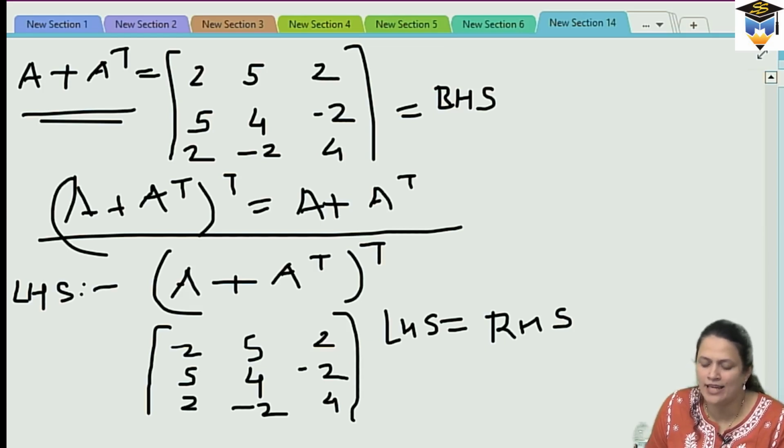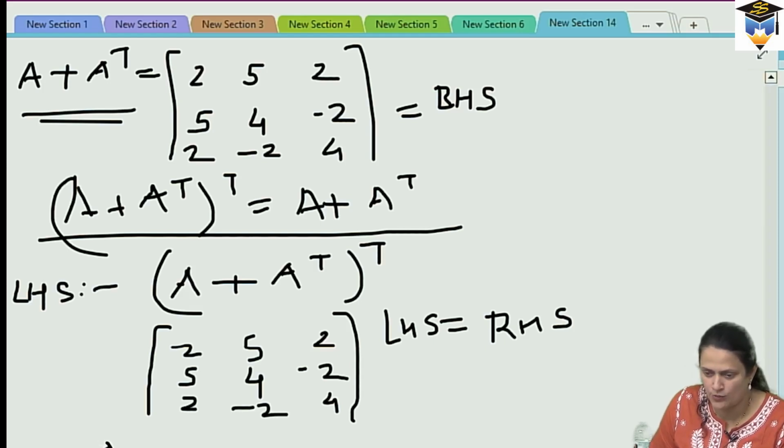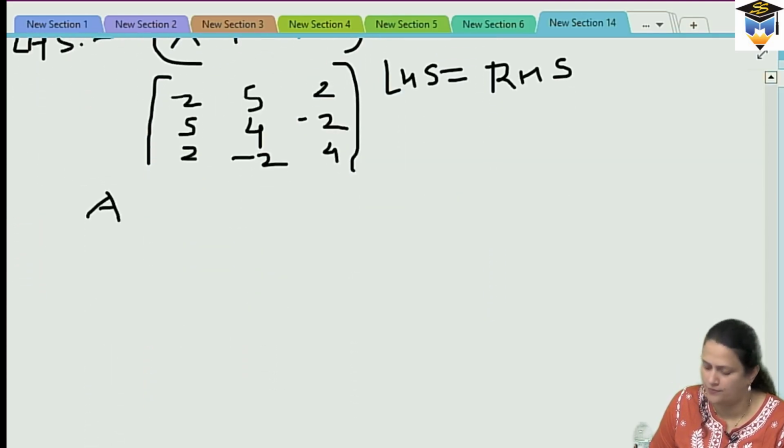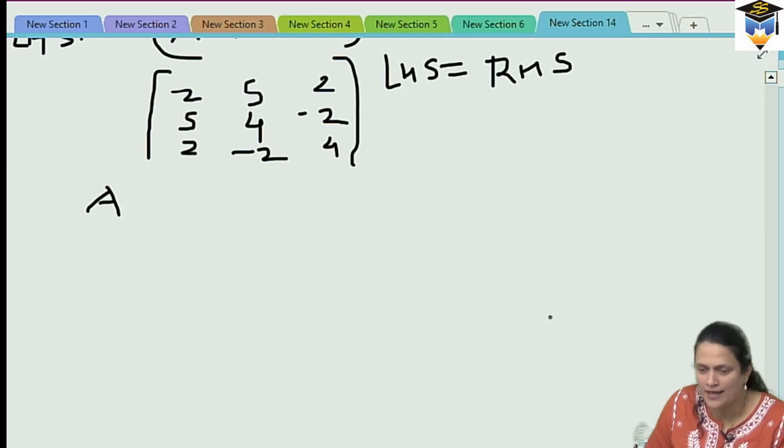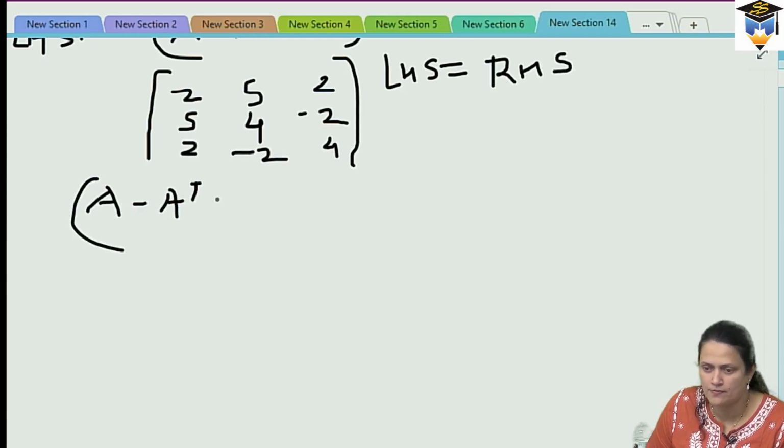A minus A transpose is a skew symmetric matrix when, see, I'm going to show you. We are going to say it's a skew symmetric matrix when A minus A transpose of transpose is going to be minus A transpose.